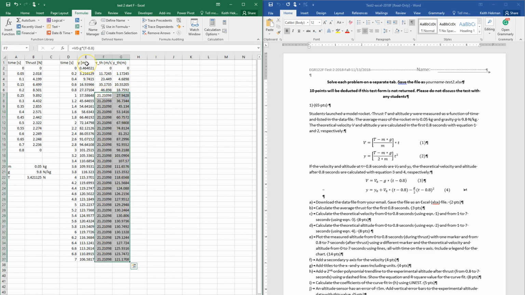So now we've calculated our velocity and position for all of the times that we want to plot our measured position. And so now we want to plot our measured altitude with 2 different markers, and the theoretical velocity and altitude using lines with time on the y-axis.